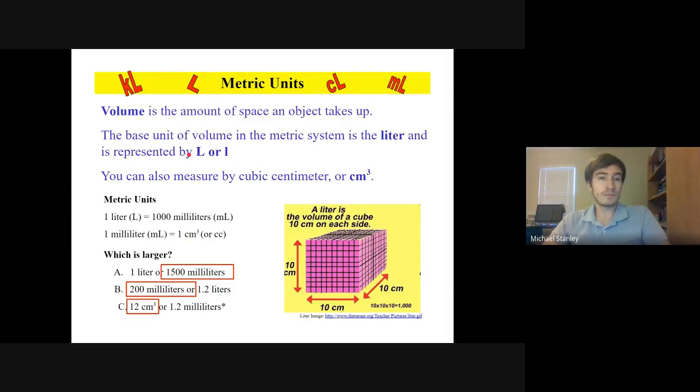So liters, we usually don't really go bigger than liters when we talk about metric units. Like scientists don't really use kiloliters a whole lot. But one that does get used a ton is milliliters. So just like how milligrams are, if we took a gram and chopped it up into 1,000 pieces, milliliters are the same thing for liters.